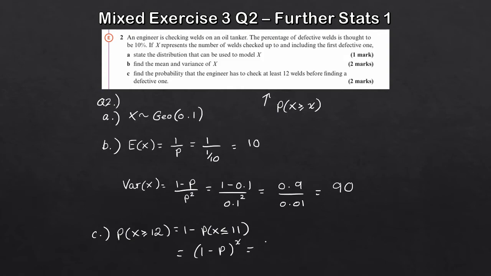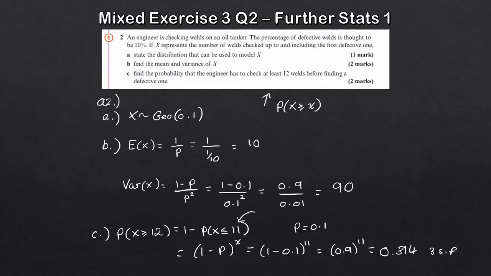Okay, so my p is 0.1, so I've got to do 1 minus 0.1. Your x, remember, is this number here. So what probability are we getting rid of here? We're getting rid of it being less than or equal to 11. So my x is 11. So it's going to be 0.9 to the 11. Put this in on your calculator, and what you'll get is 0.314, to three significant figures there.